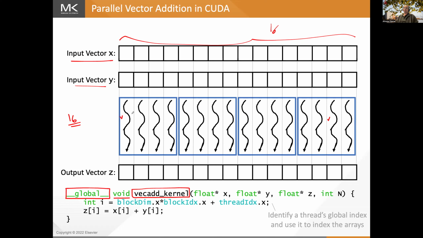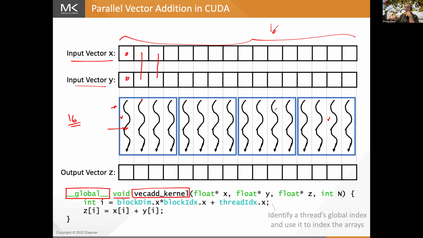So what I want as a logic here is that thread 0 works on the first element, thread 1 works on the second element, thread 2 works on this element, and so on. So the only thing that I need to get is the global thread index.